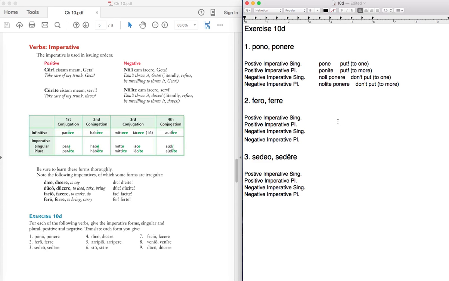So let's get those out of the way first. Fer: bring, to one person. And then ferte: bring, to more than one. Now, the negatives are really the same format as regular verbs. It's just that ferre is kind of an unusual infinitive, but it's still an infinitive.